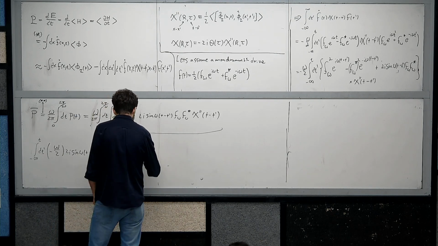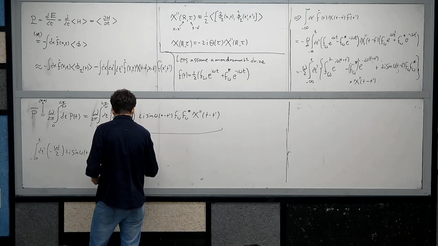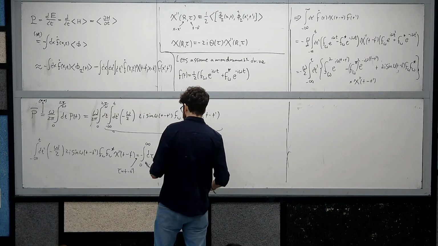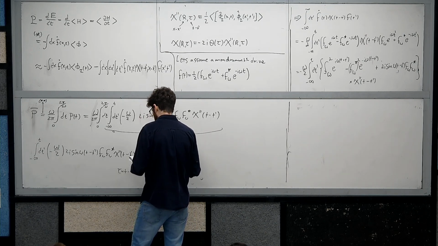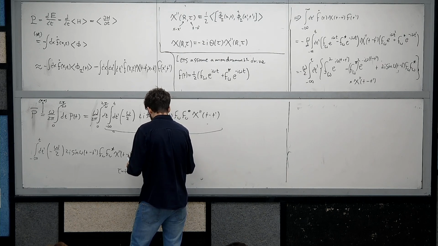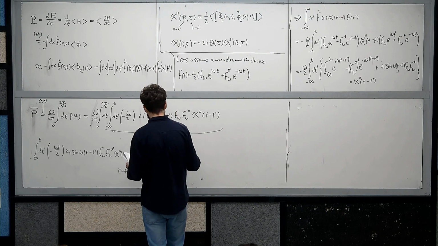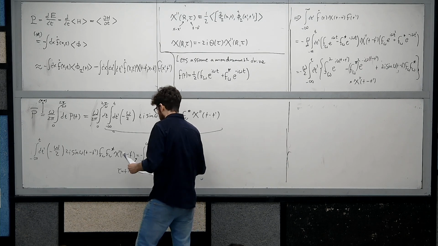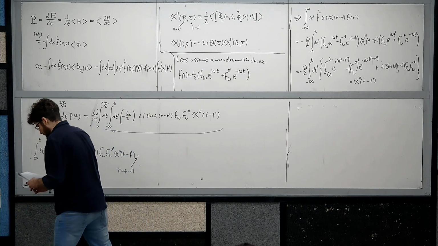We can change the variables to be an integral from 0 to infinity d tau, where tau is again t minus t prime. Let's not jump ahead of ourselves.